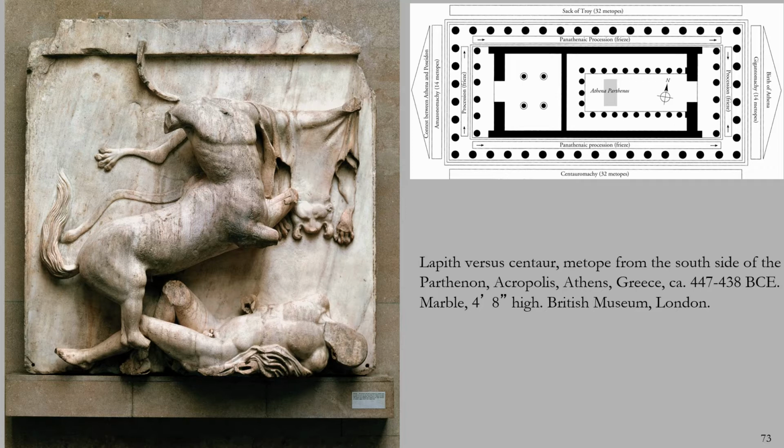This was meant to represent the Athenian victory over the Persians. And so they saw themselves as the gods, and they saw the Persians as monsters. Once again, this Athenian and Greek notion that they're somehow better than everybody else, that they are the measure of all men.